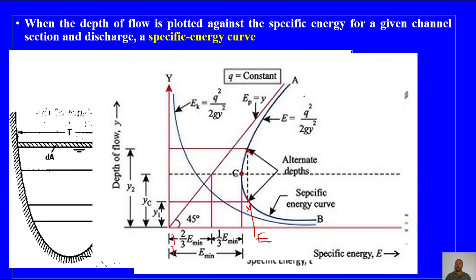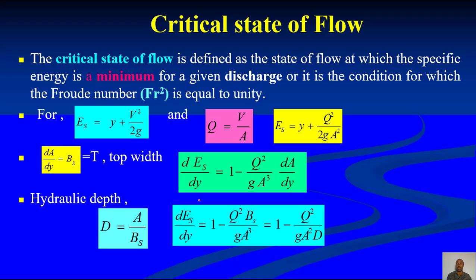Then finally we have the specific energy curve can be drawn. So specific energy curve and kinetic energy and also potential energy will be calculated. So this is the critical point, which is the critical depth at which the specific energy will be at critical. We will see the derivation.